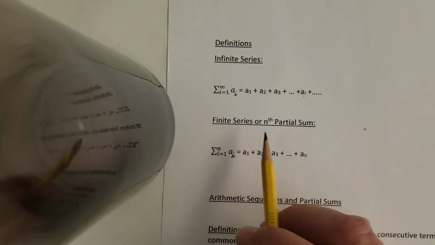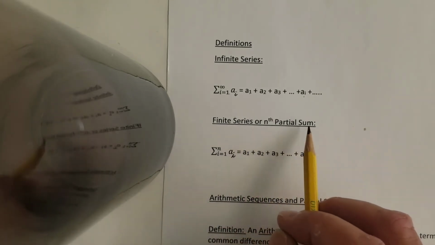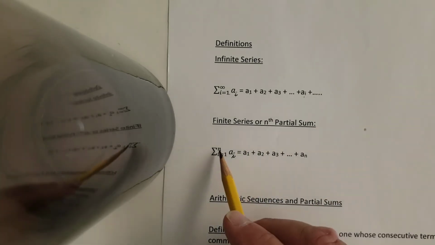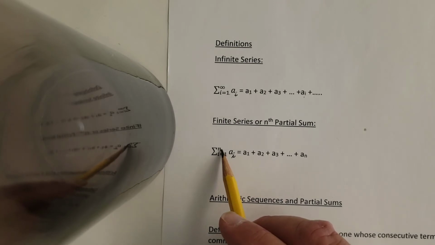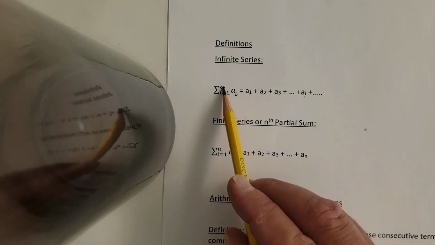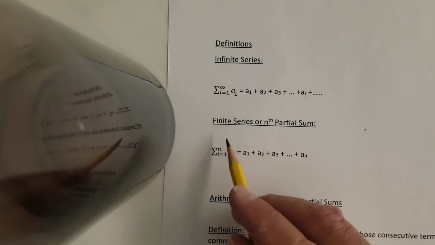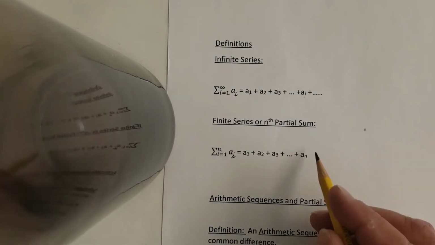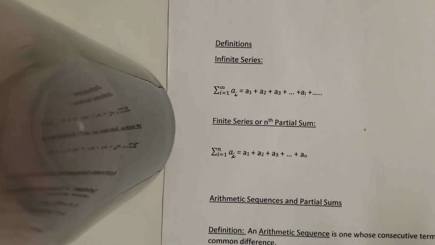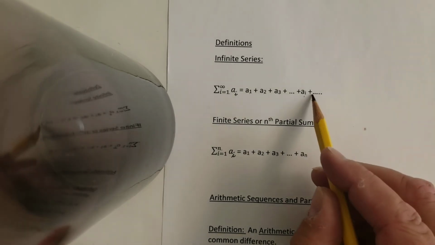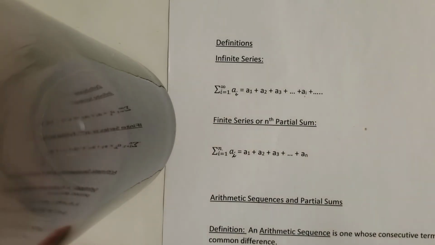Now, your finite, or we call the nth partial sum, has a definitive ending. We end at n. That's the difference. You have infinity for an infinite. For a finite, it tells you where to end, and it ends there. Okay? I'm not sure if all of you know, you see these dots like this, that means it goes on and on forever. All right?